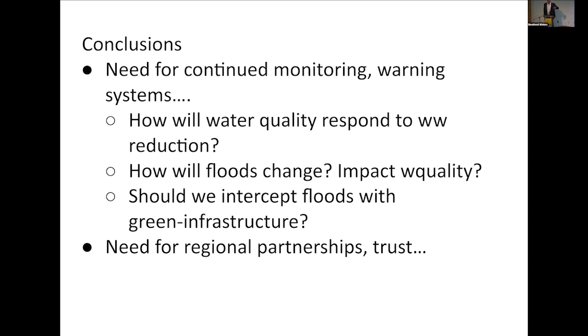How will floods continue to change with climate change, with increasing storm frequency? How will that impact water quality? We don't know. How will that impact sediment delivery to the beaches? We don't know. Should we intercept floods with gray infrastructure? How would that impact the estuary? How would that impact our beaches?